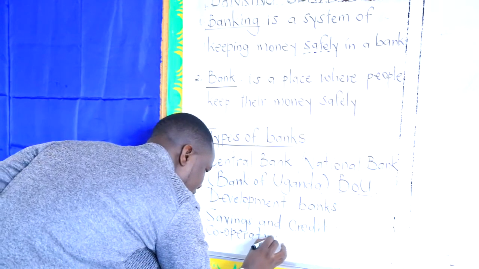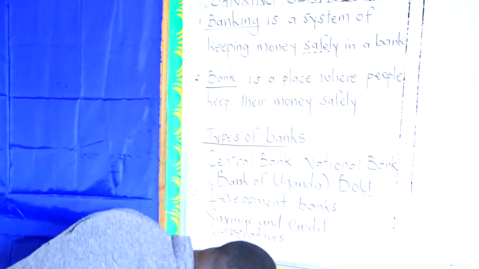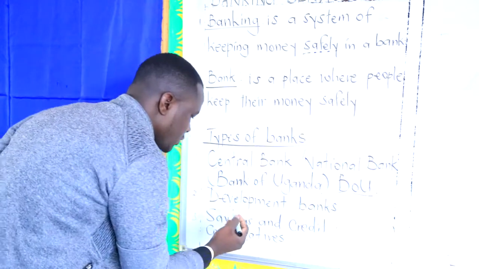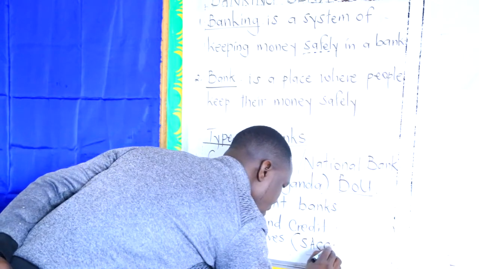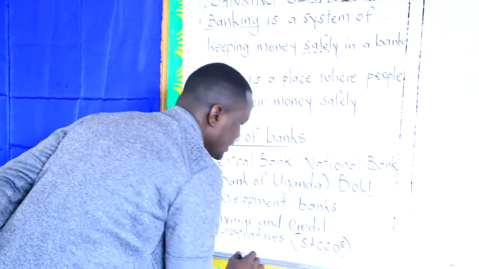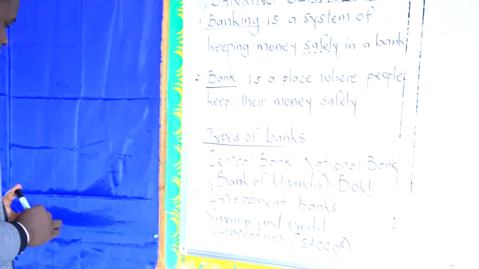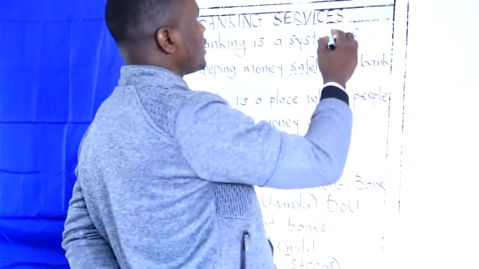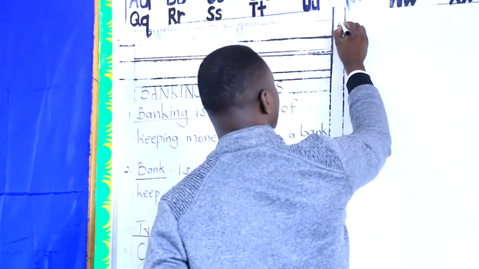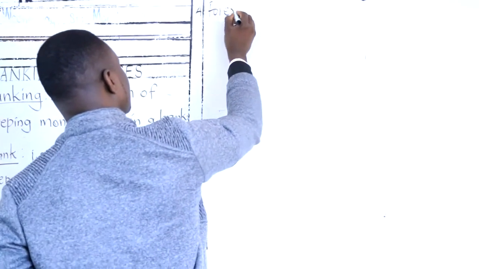This is what we write in short as SACCOs. Savings and credit cooperatives, we write it in short as SACCOs. It is another type of banks. Then number 4, the other ones we have what we call forex bureaus.